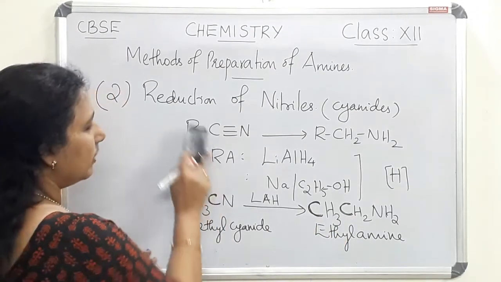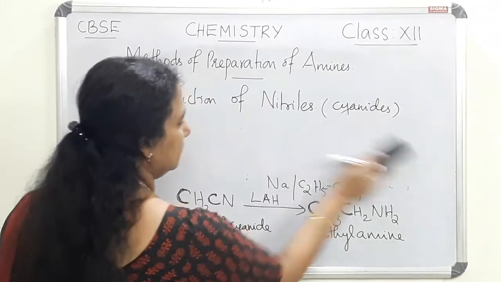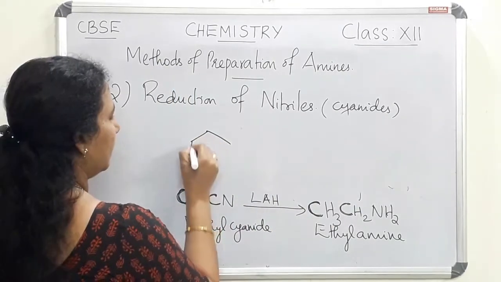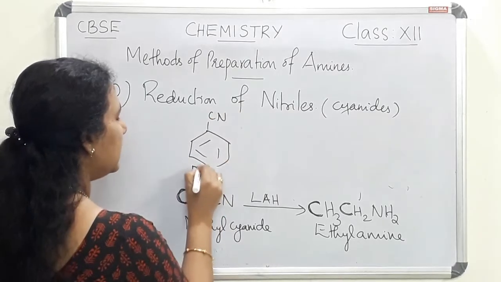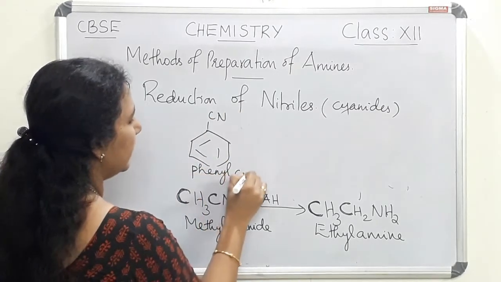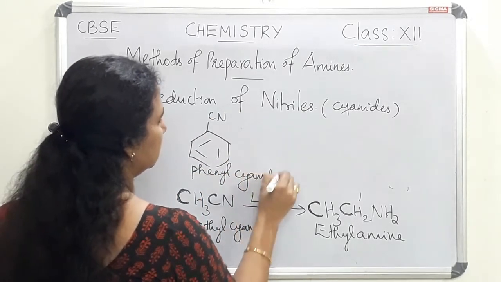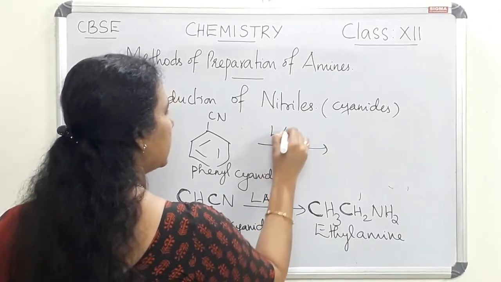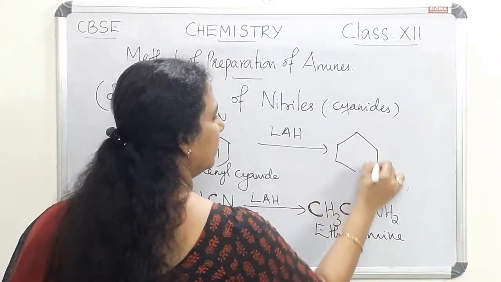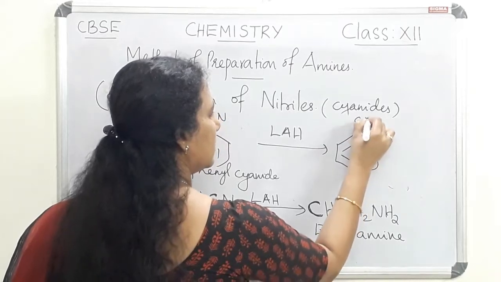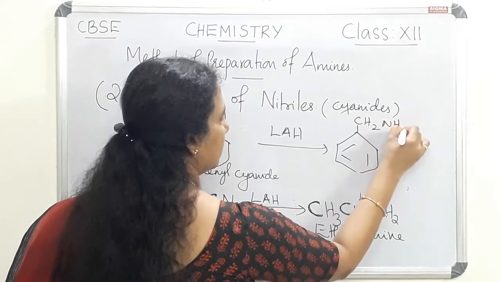We can write one more example. If it is phenyl cyanide, reduction in presence of lithium aluminum hydride, here we will get C6H5CH2NH2.